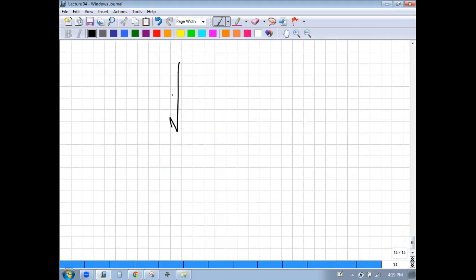Over here, if you've gone to the right and up, in this quadrant, since you've gone to the right, your X is positive, and since you've gone up, your Y value is positive, right? If you're down here in quadrant 4, we've gone to the right, so the X is positive, but since we've gone down, the Y is negative.